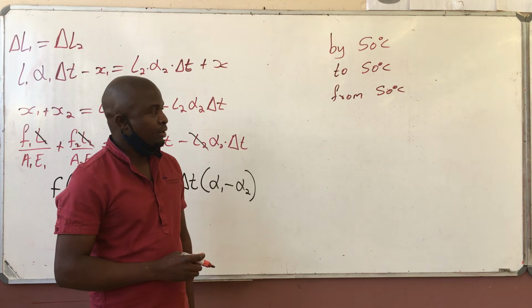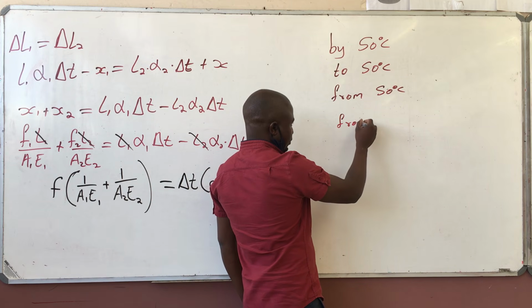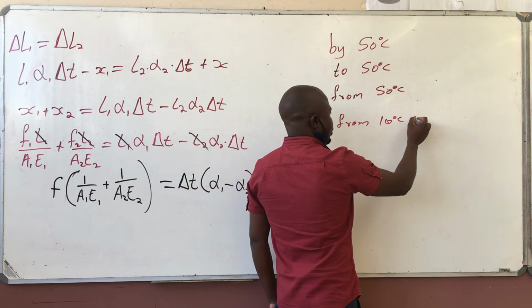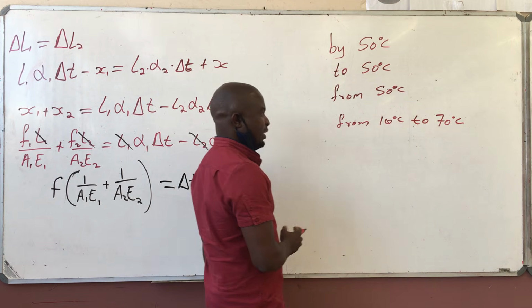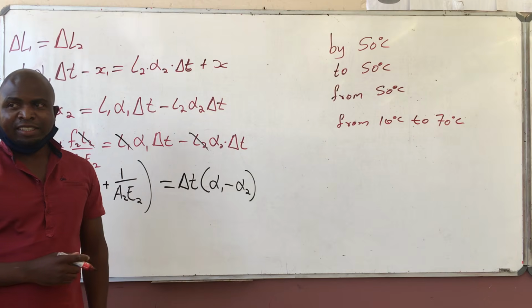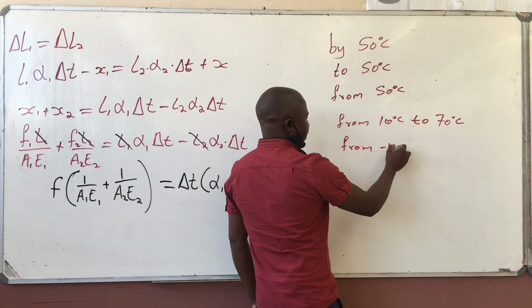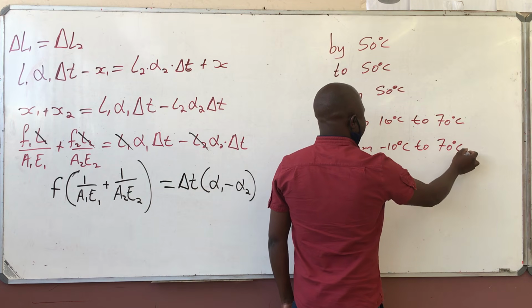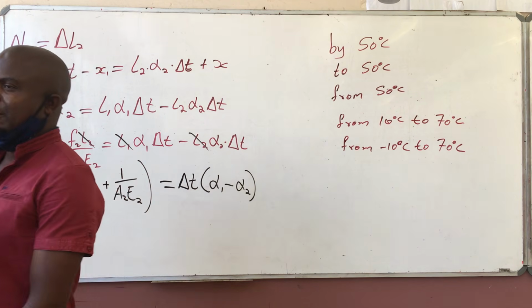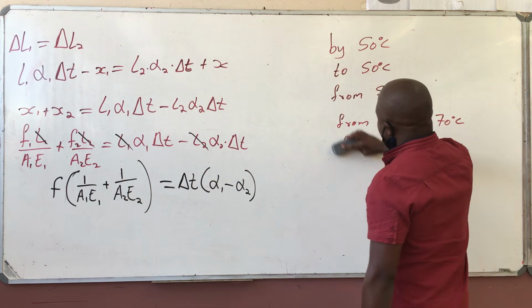No. So if they say it has changed from 10 to 70, what's the change in temperature then? 60. If it has changed from another pair of values, what's the change in temperature then? 80. So do not confuse the change in temperature. That's so important.